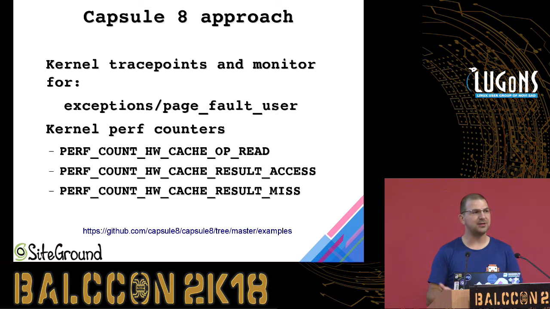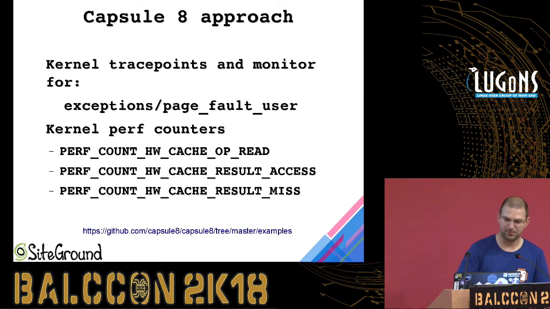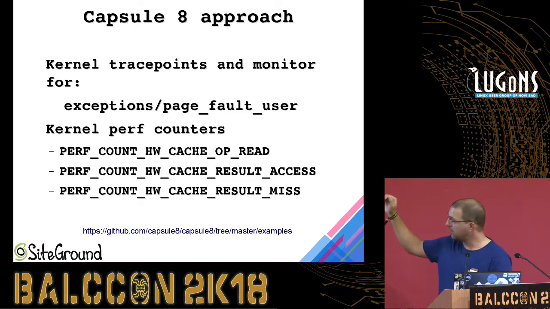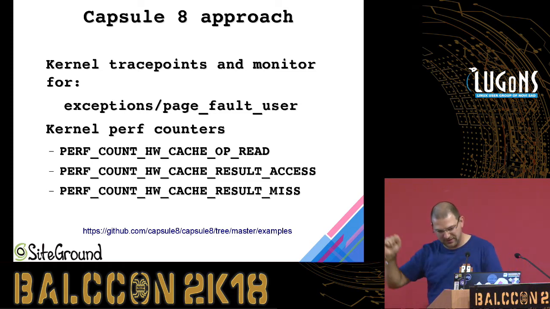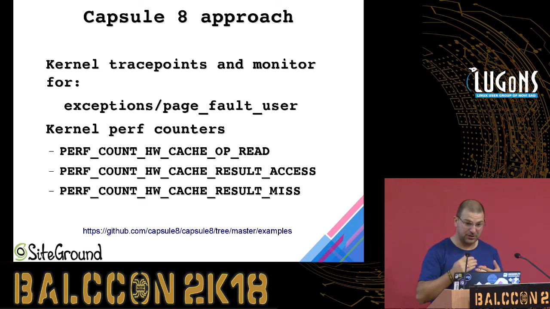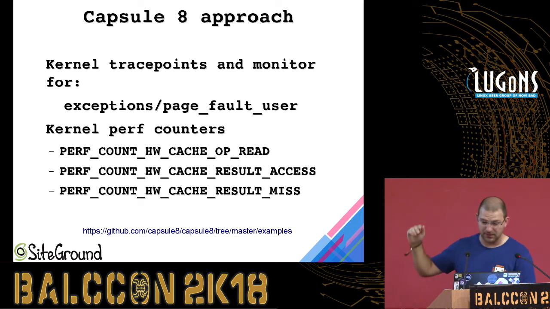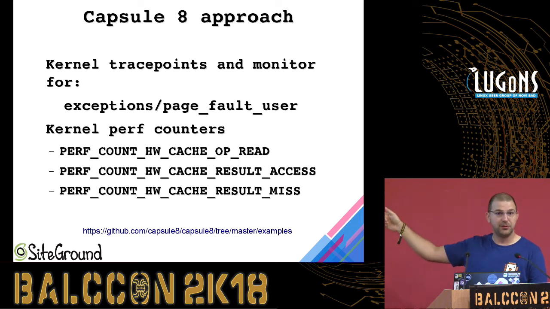And you can actually detect this with the perf counters of the perf tool of the kernel. And these are the counters they used: operation, result access, and the main one that they based their check on is result miss. So the result of the operation was miss from the cache.